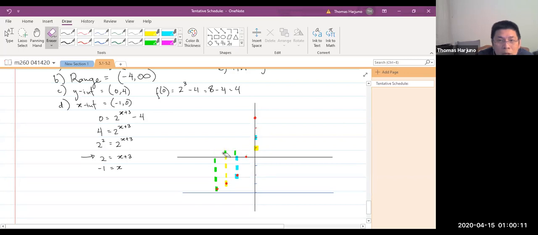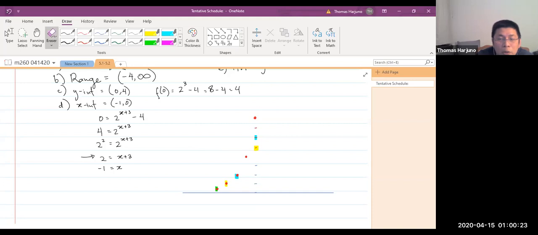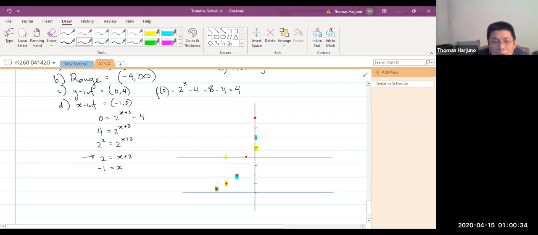So many things there, right? But you see my examples. I need to remember those three important coordinates, and then I move them according to the transformation, 3 units to the left, 4 units down. Now I have this point, this point, this point, this point, this point.